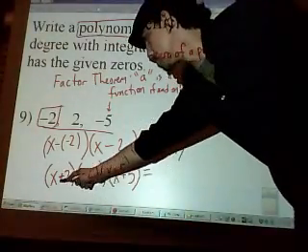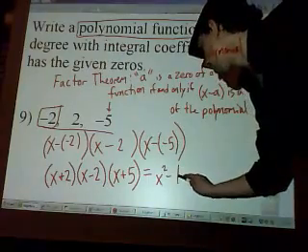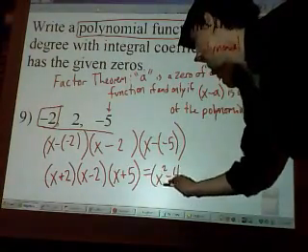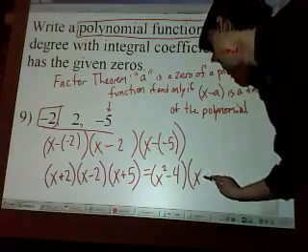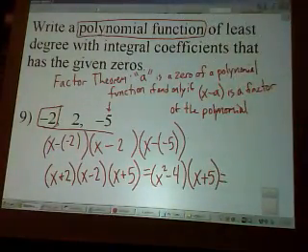Well, hopefully you see the difference of squares right here. So x plus 2 times x minus 2, that's just x squared minus 4, right? And so really I got x squared minus 4 times x plus 5. And what's that make for us?